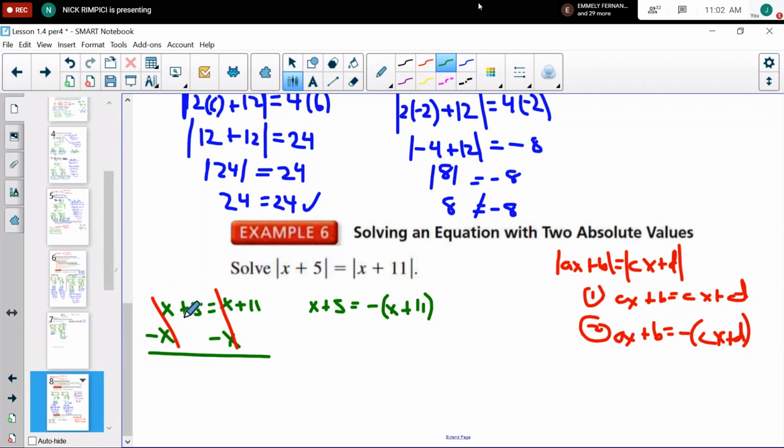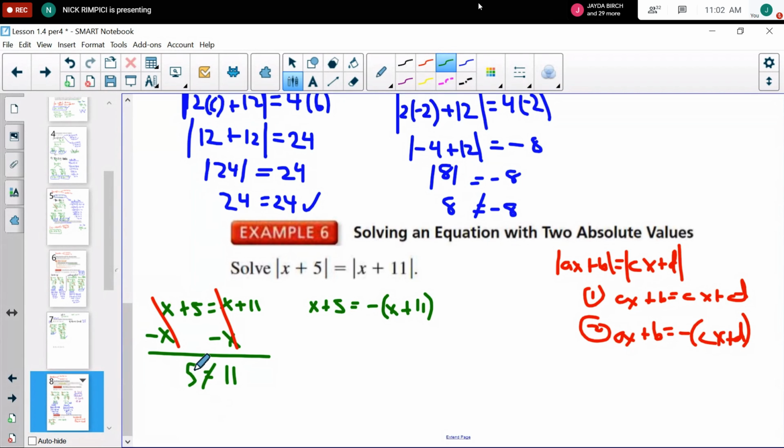And then I'm left with 5 on the left side and 11 on the right side, which aren't the same thing, and I can't do anything because the x is gone. So I'm not going to be able to get an answer out of this equation. Because it ends like this, I'm just going to stop. I can't solve for x.